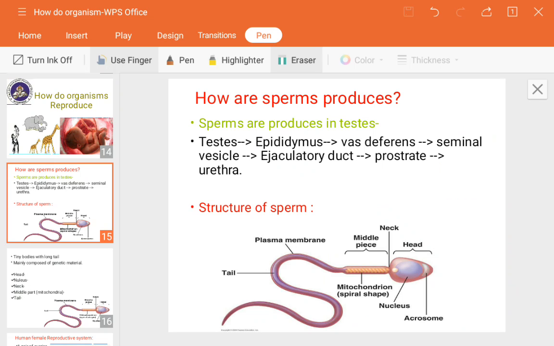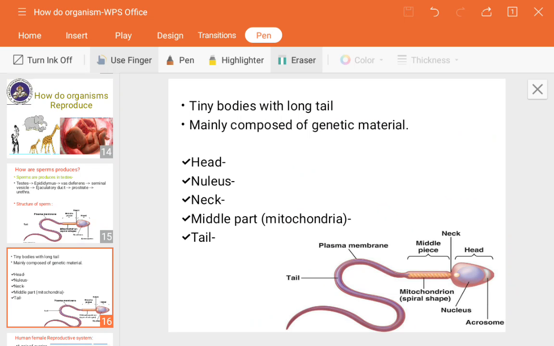The middle piece consists of mitochondria, and later from that region the tail starts, that is made up of plasma membrane. The tail is helpful for motion or movement.